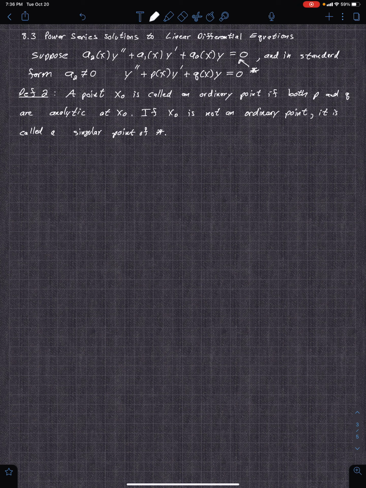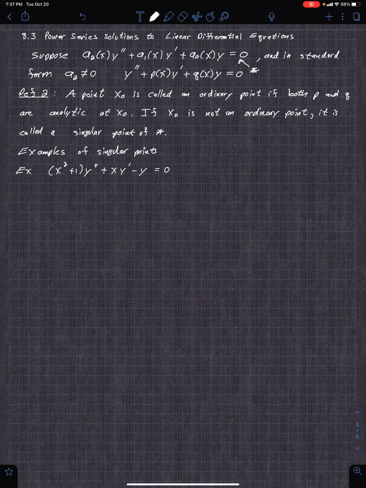First let's just look at examples of singular points. Pretty much it's where the denominator is 0. So examples of singular points of differential equations. Suppose you had x squared plus 1 y double prime plus x y prime minus y equal to 0.